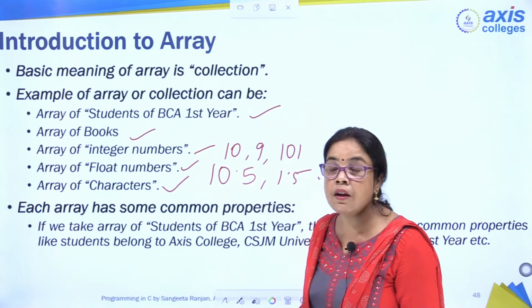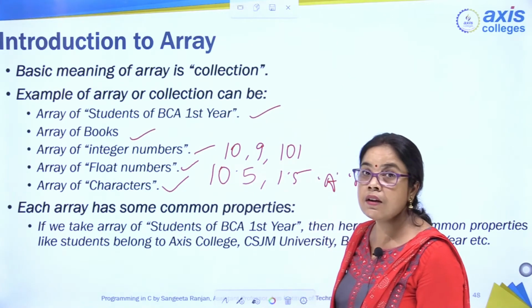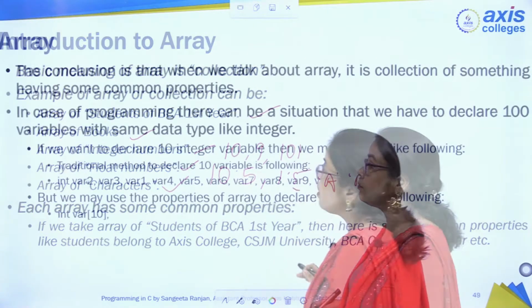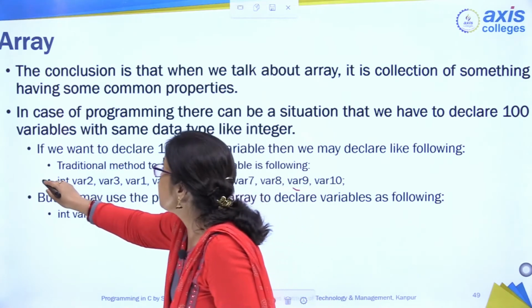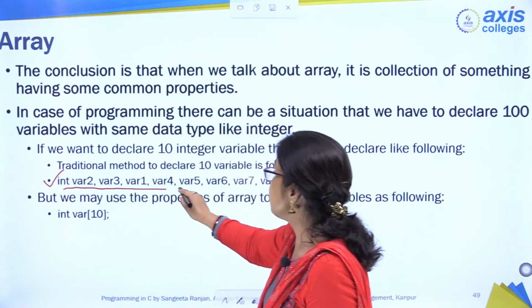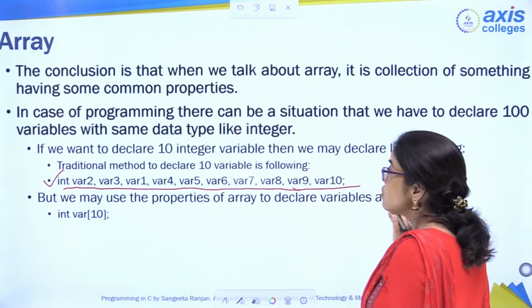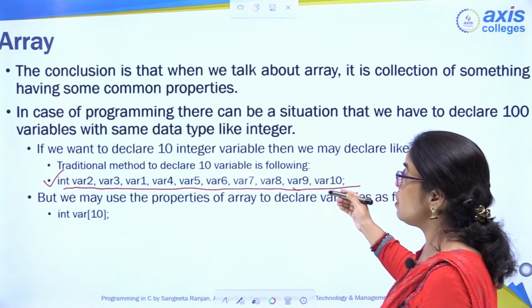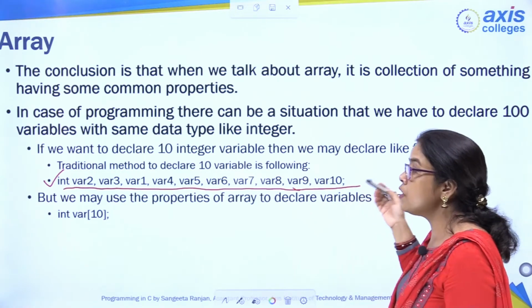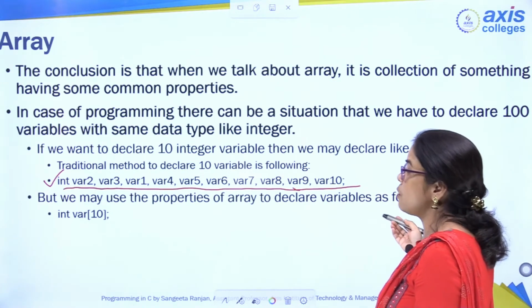With the help of array, we can declare all the variables collectively. Here a number of variables are declared in this line: int var1, var2, var3, var4, var5, var6, var7, var8, var10. These all are variables declared separately.